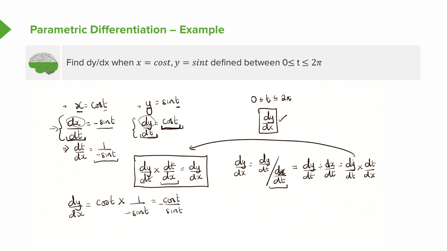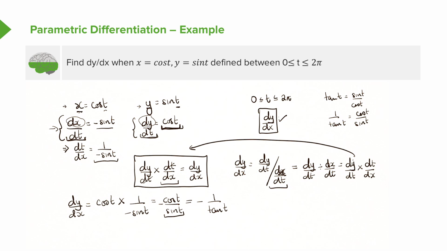This gives you cos of t over sine of t, and remember that this is negative. We're done with the differentiation. The only thing we can do now is tidy this up. So if you remember one of your identities for tan, tan of t equals sine t over cos t. So if you had 1 over tan of t, that is cos of t over sine of t. So you can see here that this is just minus 1 over tan of t.